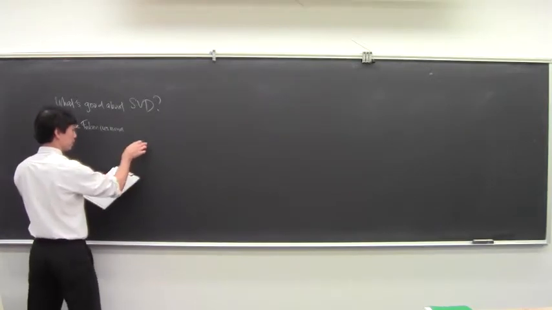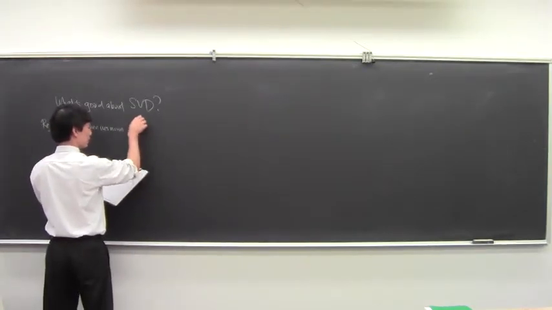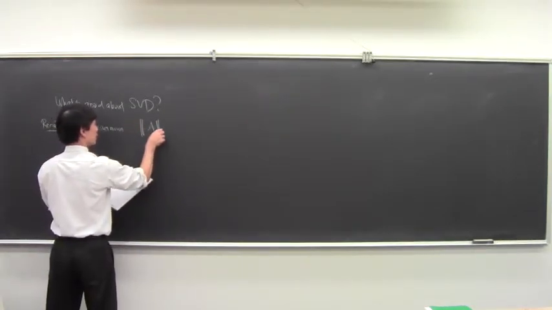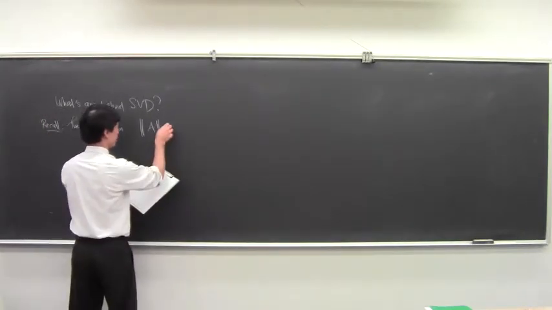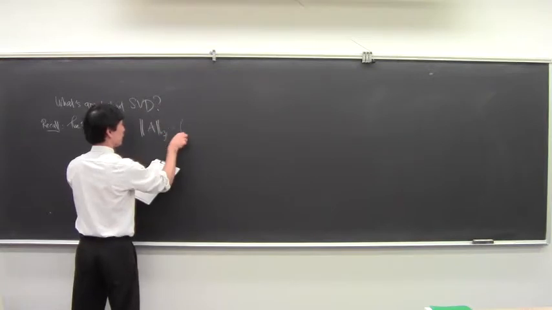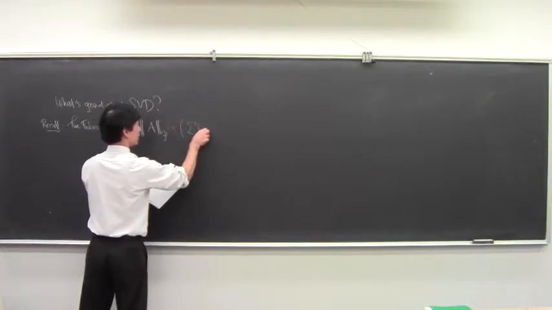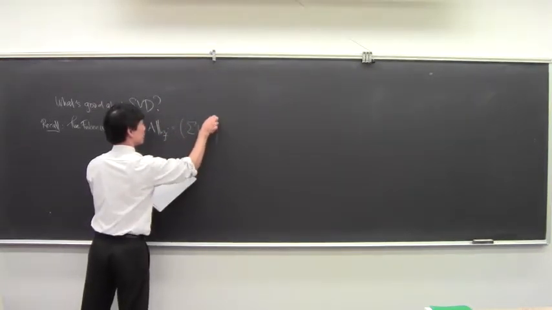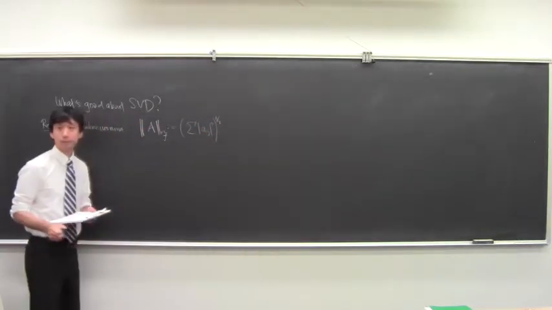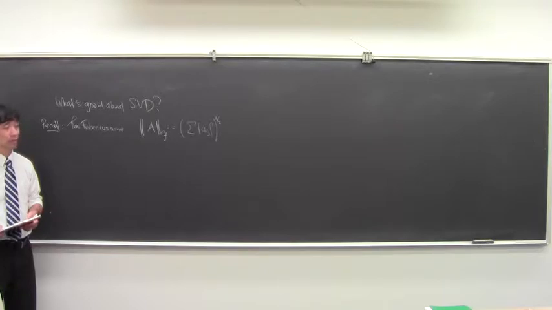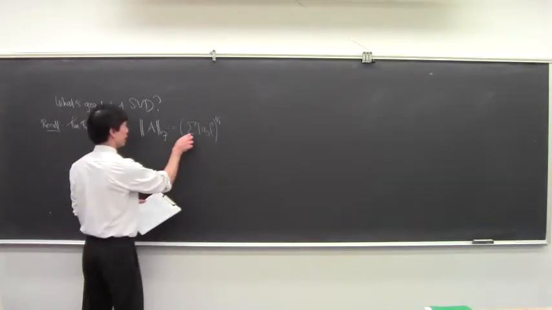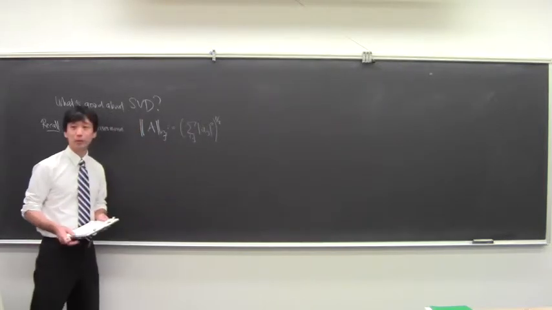You take the norm of a matrix, and denote the Frobenius norm by putting a little f on it. This norm is the sum of the squares of the moduli of the entries, to the 1/2, summed over all i and j.